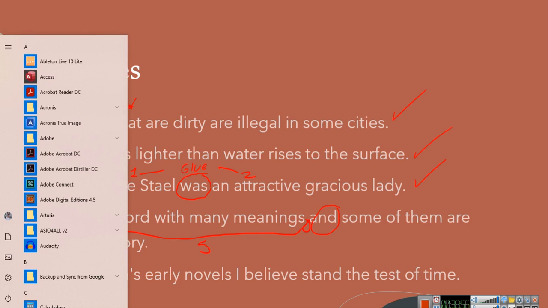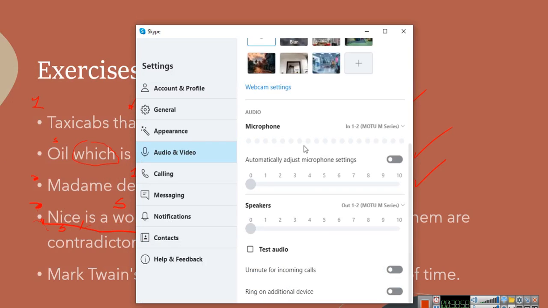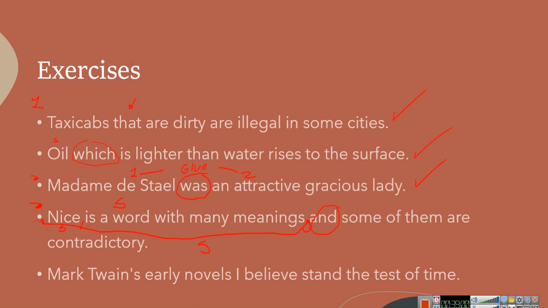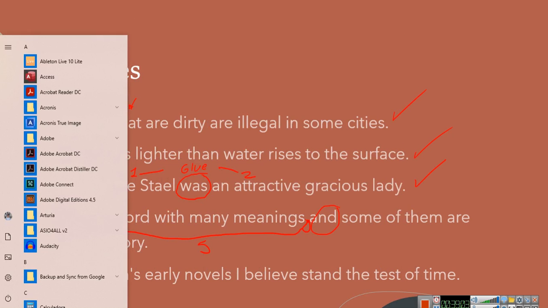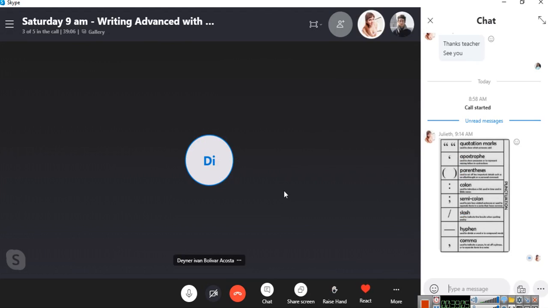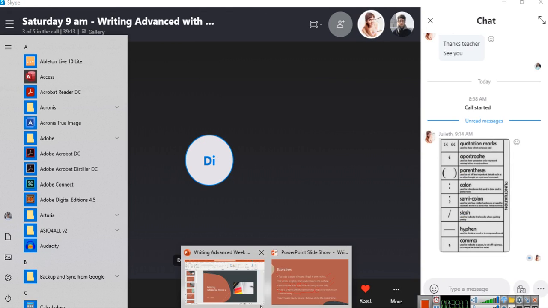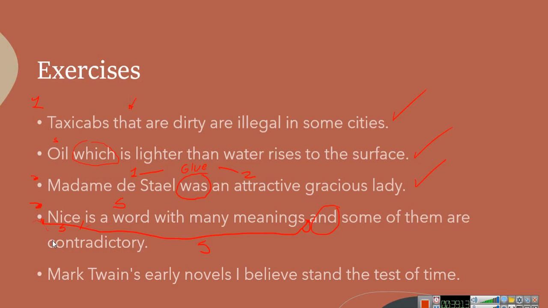And check if you wrote. All right. So let's do it with you, Juliet. Let me go back. Okay. Mark Twain's early novels, I believe, stand the test of time.